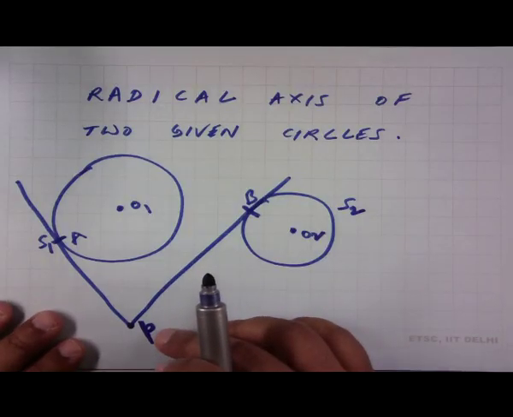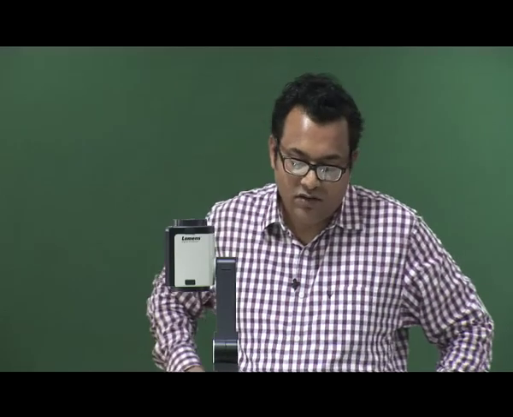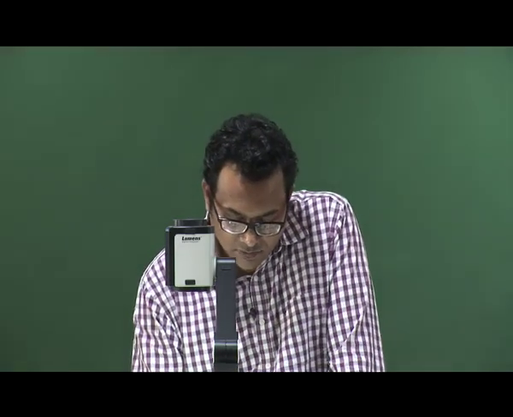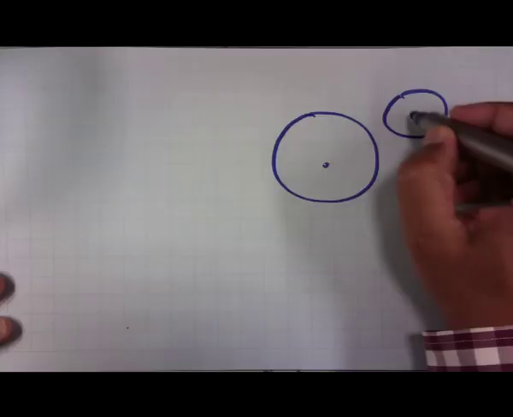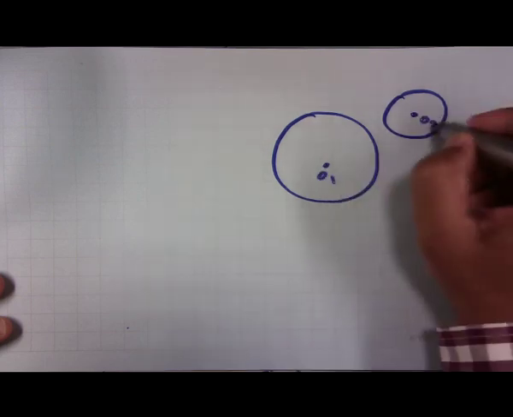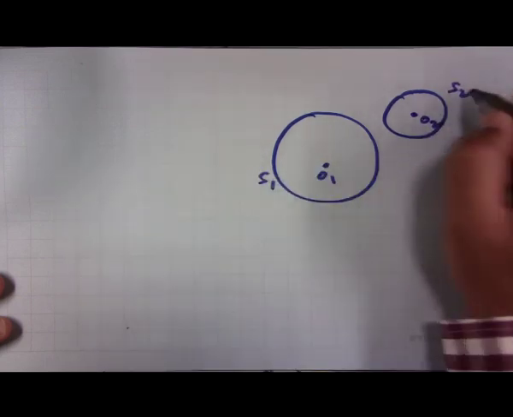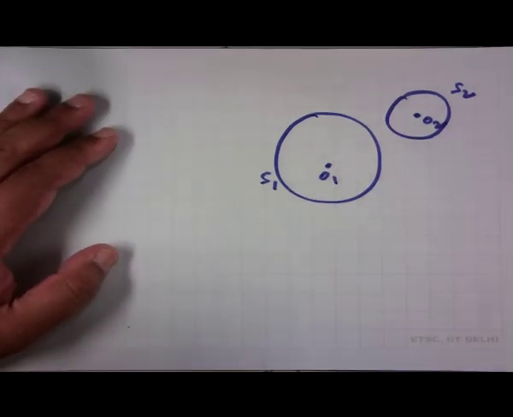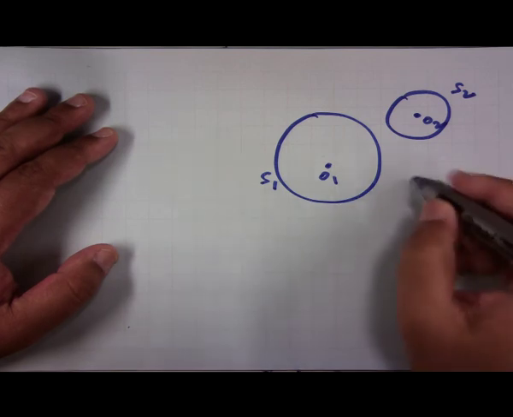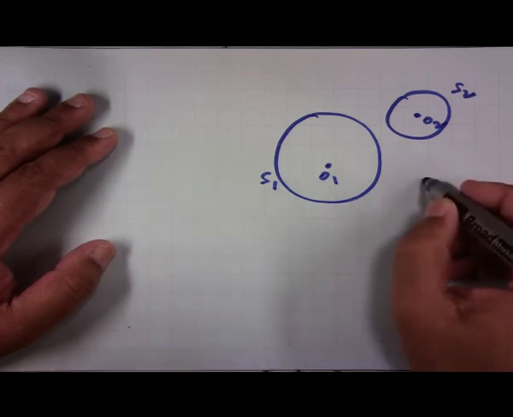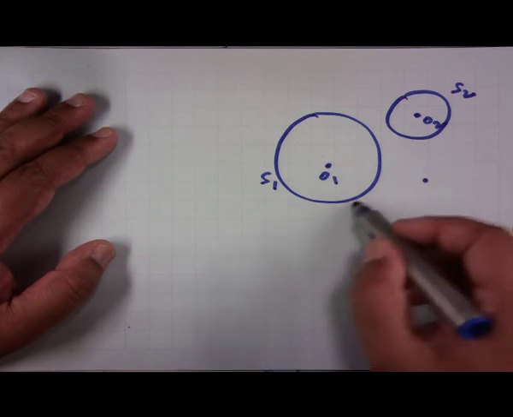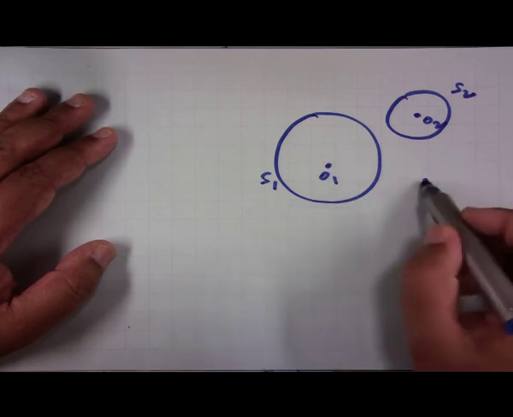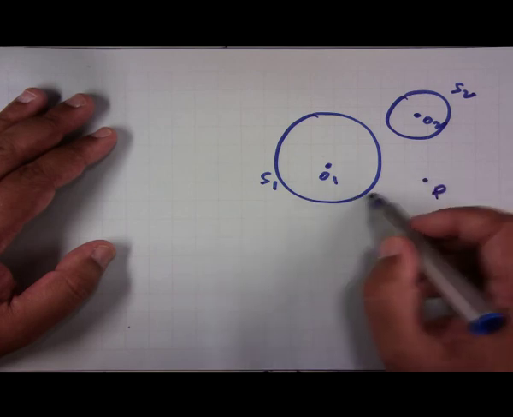So, let us see how to derive the equation of this radical axis if we are given the equations of the two given circles. So, suppose that we have two given circles S1 and S2 having centers O1 and O2, then we are always considering those points for whom the length of the tangent to both these circles are equal.